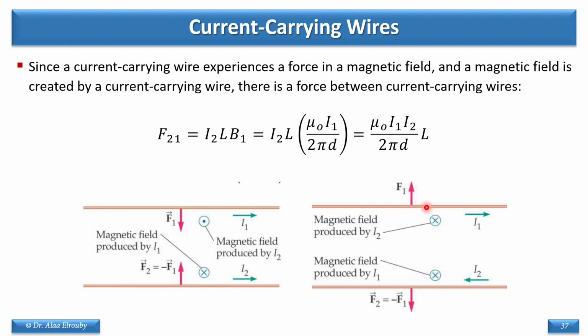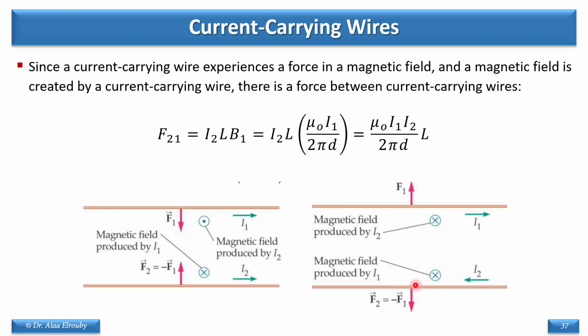If we go here, for this case, the currents are in opposite directions, so current 1 will generate the same field, which is into the screen, but now I2 is in the opposite direction. So F12, the force on 1 caused by 2, will go out.